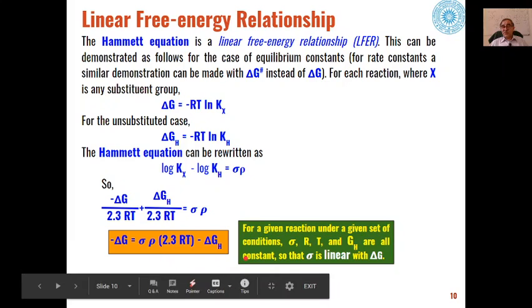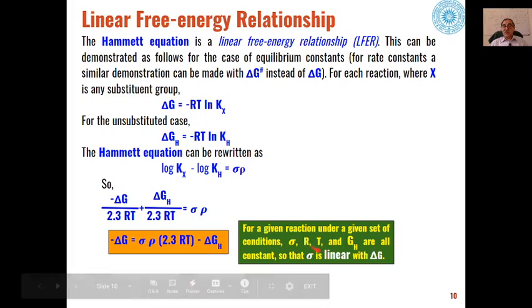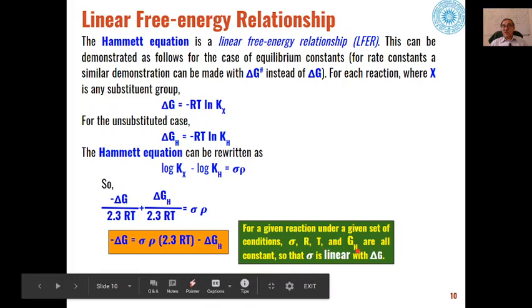On the basis of this we can see that for a given reaction under a given condition, rho is constant, R the gas constant is constant, T temperature is constant, and the value for delta G of H is also constant. So that means sigma has a linear relationship with delta G. Free energy change has a linear relationship with sigma because all other values are constant in nature.